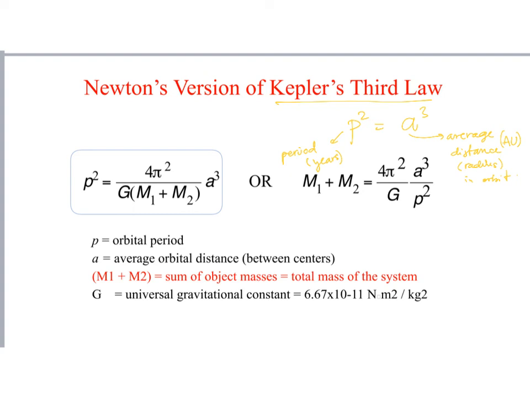Now, Newton found through his calculations that actually this relationship is much more general, and it can apply to anything that can orbit anything else, not just for things that orbit the sun.